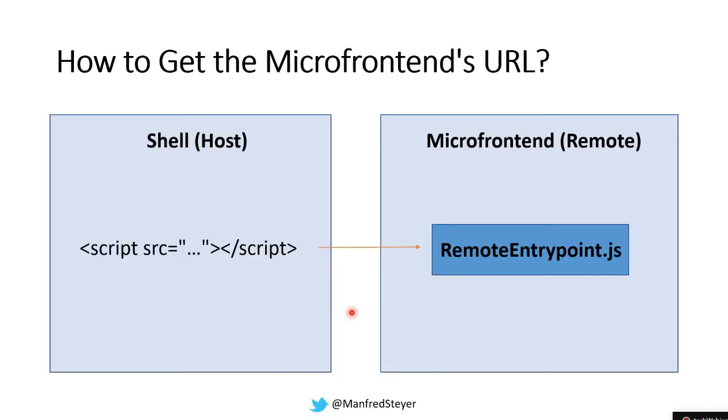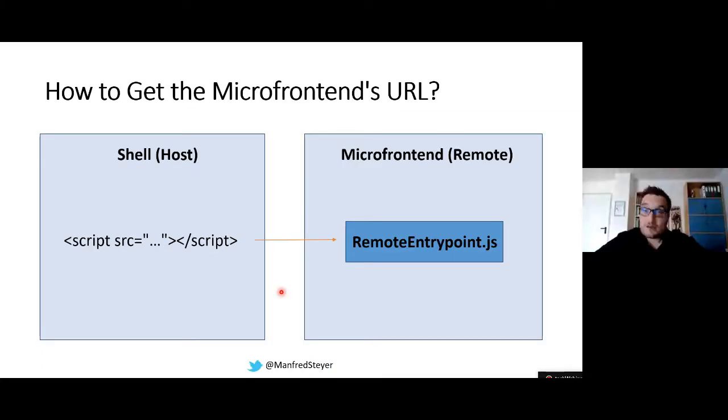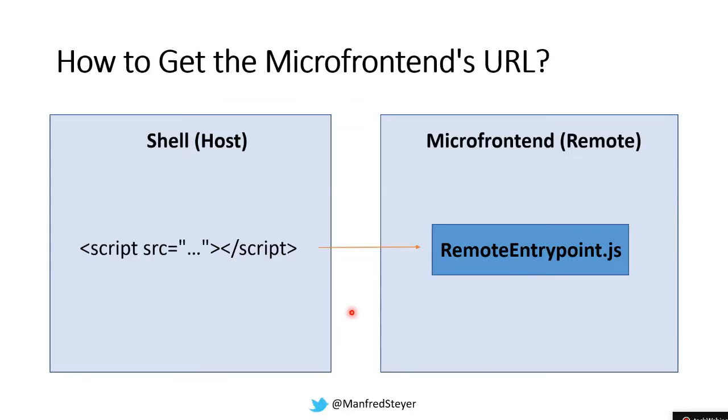The remote entry point is just a tiny file. It is automatically created by the microfrontend when it's compiled by Webpack. Just a tiny amount of bytes. Not even worth mentioning that it needs to be loaded. It's really tiny. And when we load this remote entry point into the shell, Webpack's runtime API knows everything about handling this remote. It knows everything about loading this remote, the rest of it on demand.